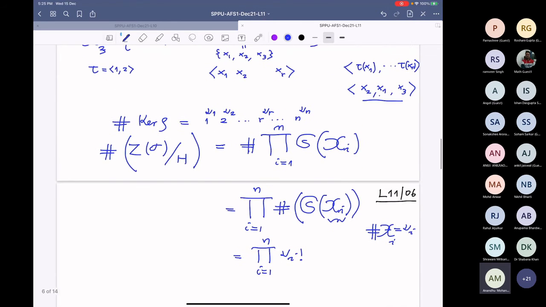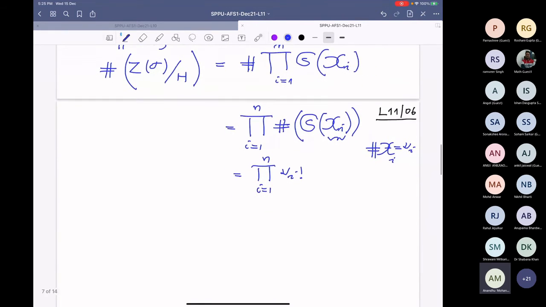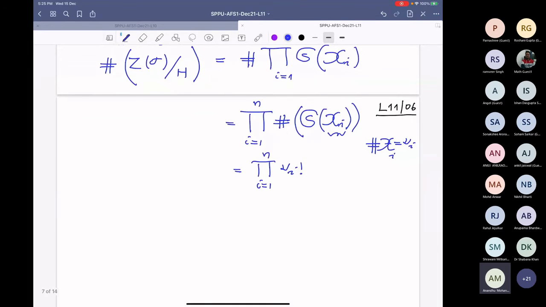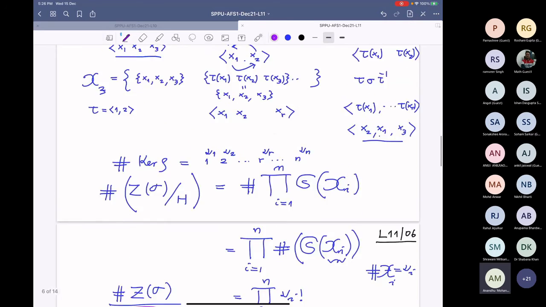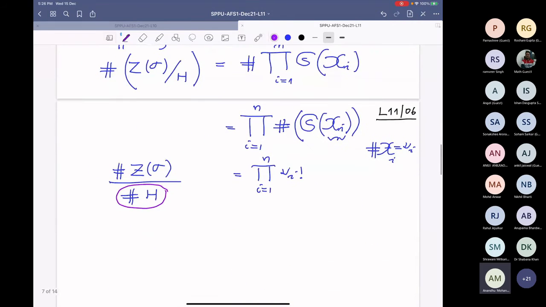And the other side, I know the cardinality. This is a quotient group, so the cardinality of the quotient group is the cardinality of the numerator group divided by the cardinality of the denominator group. And for the denominator group, we have computed the cardinality: 1 power nu 1, 2 power nu 2, and n power nu n. Agreed?